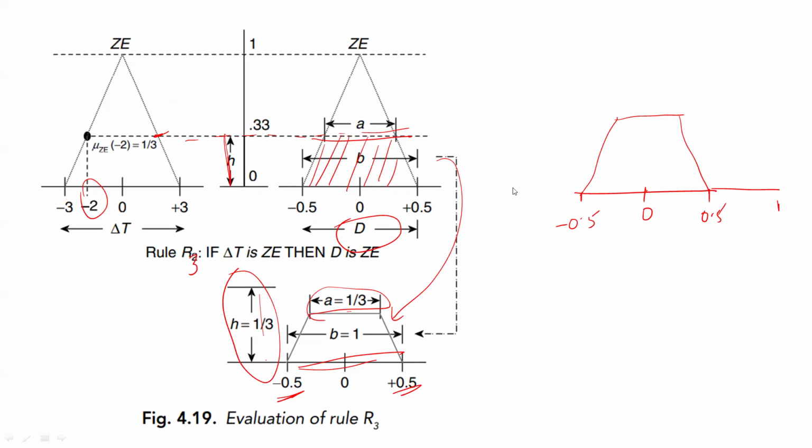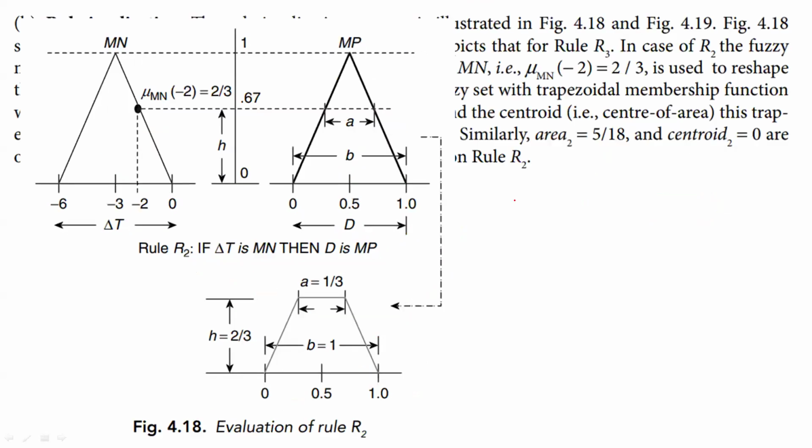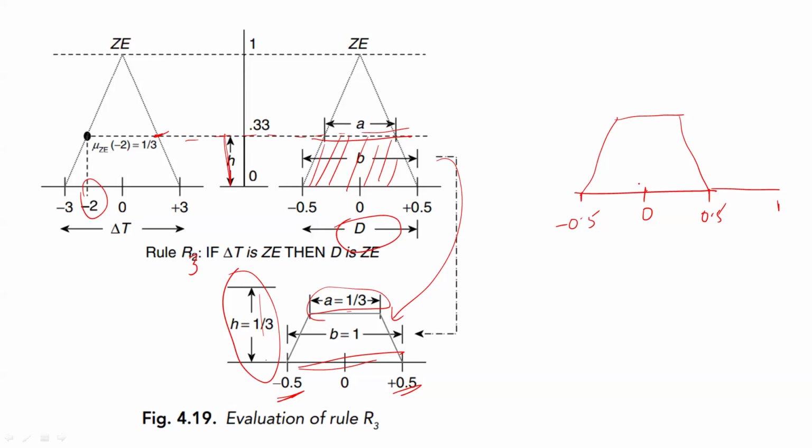And the second one is the height of 2 by 3 and varies from 0 to 1. Okay, so it's height of 2 by 3 and it varies from 0 to 1. So this way, you can see this is the entire graph after aggregation.